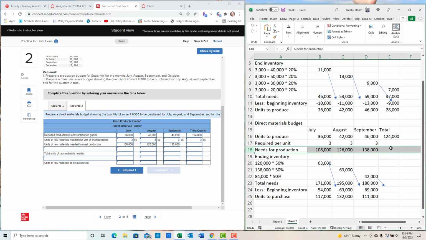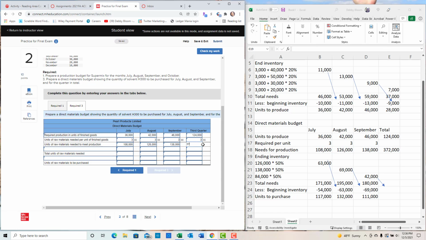And finally, adding those three numbers together, total for the third quarter, 372,000, which should also be 124,000 multiplied by 3. Now, just like I have here, to the units of raw materials needed to meet production, we want to add the desired ending inventory for raw materials.